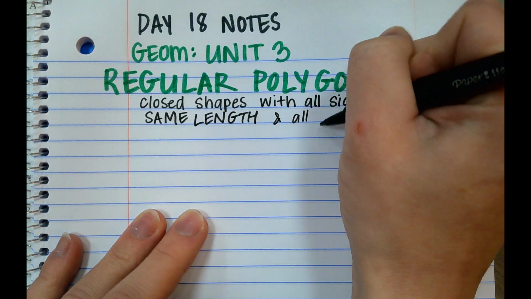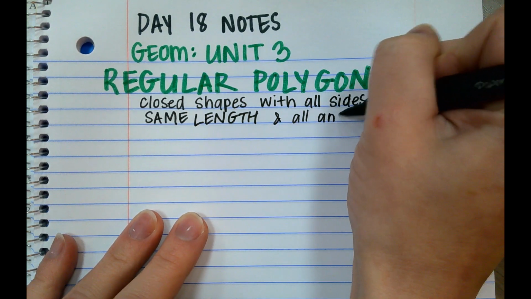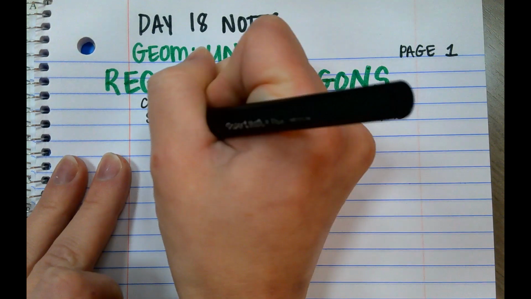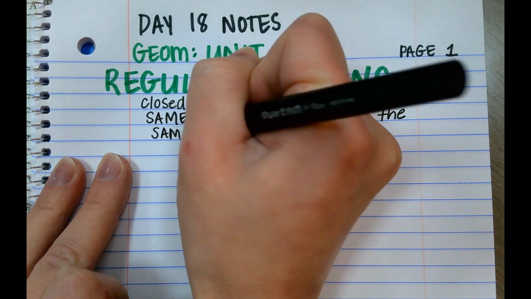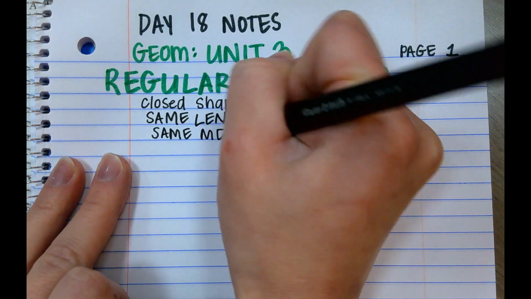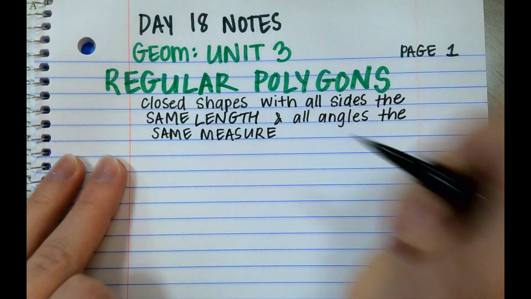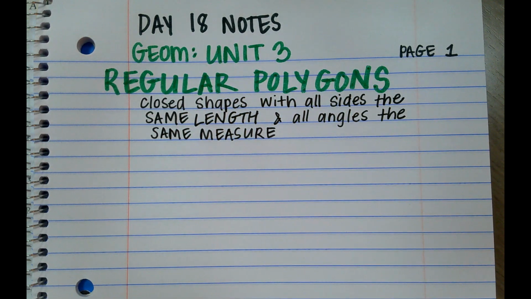All angles the same measure. So these are regular polygons. Give everybody a minute to write that definition if it's something you're writing.